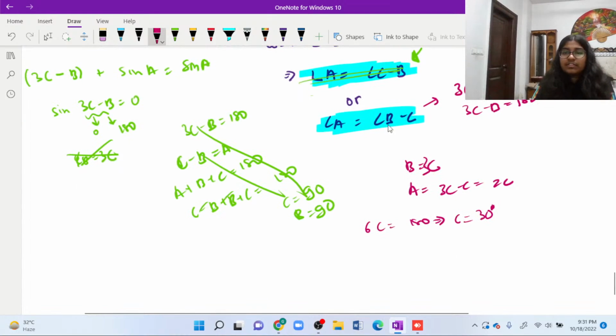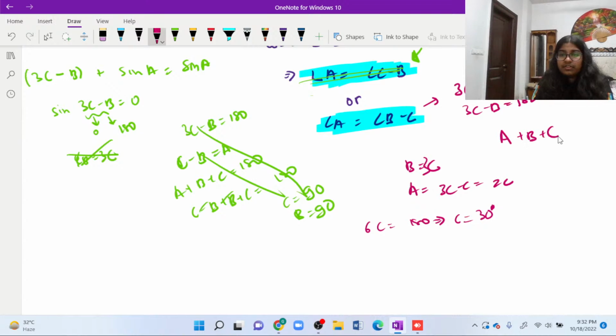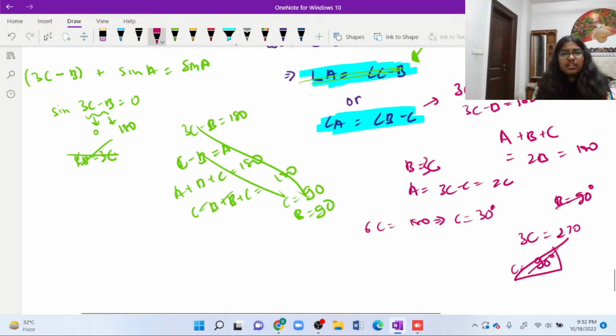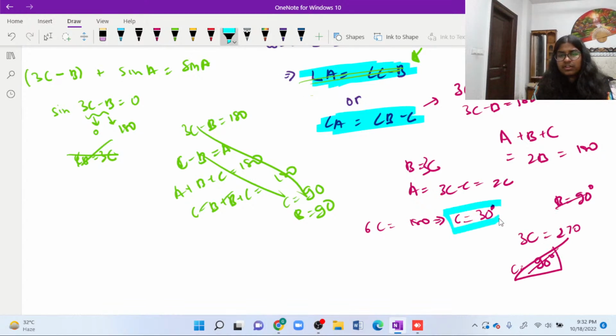Or in the second case, 3C minus B is 180 degrees, then A plus B plus C, which is B minus C, 2B is 180 degrees, then B equals 90 degrees, then 3C equals 270, so C equals 90 degrees. And that is not possible, because I think something went wrong here. I'm not able to figure out what, but something did go wrong.